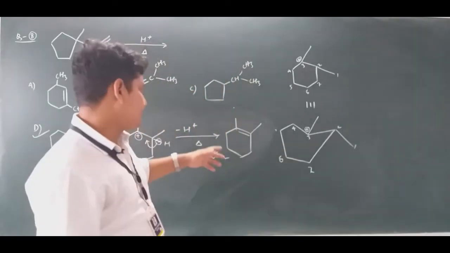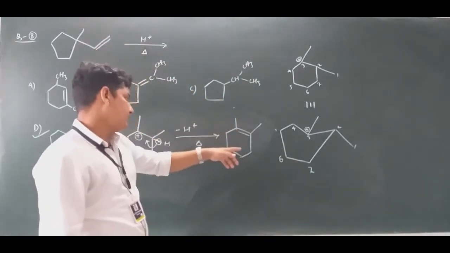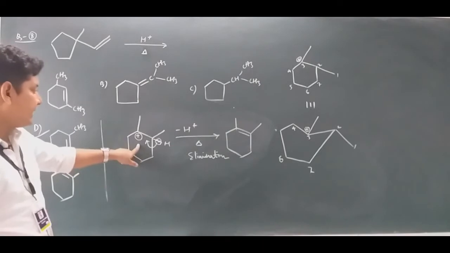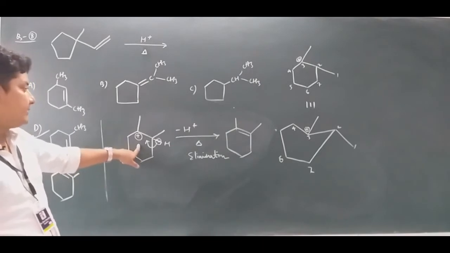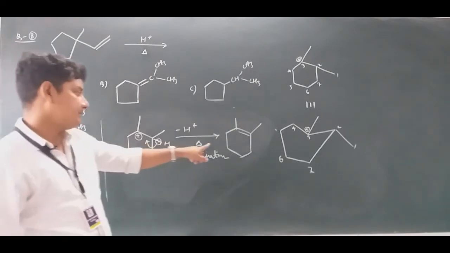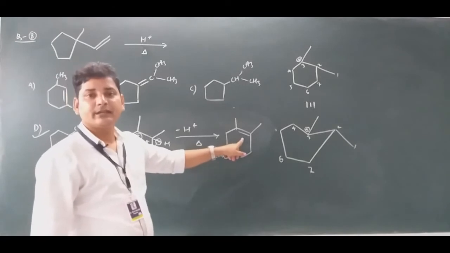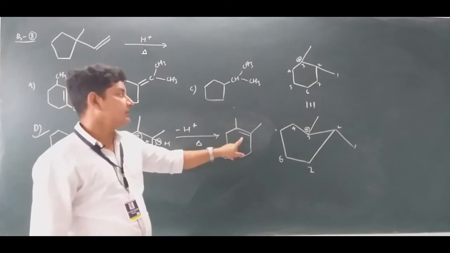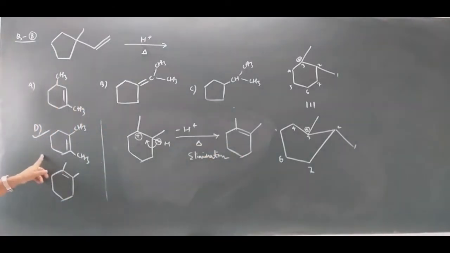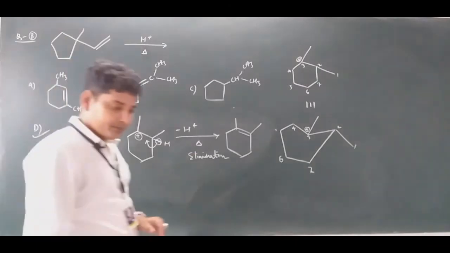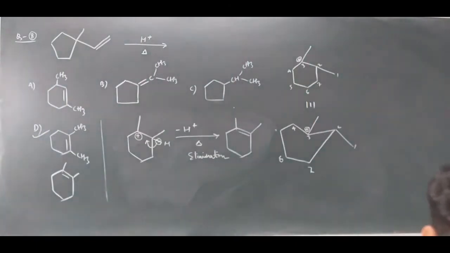After ring expansion, we will get this, and after deprotonation, we will get this alkene. Basically, we get an alkene as the final product. So D is the correct option. Okay, I hope you have understood this.